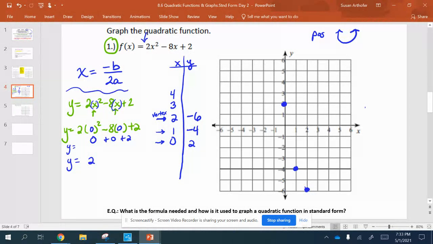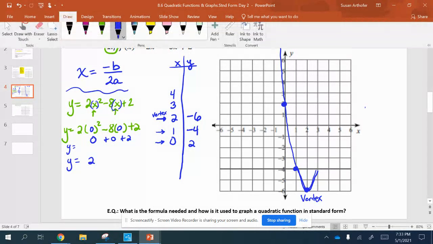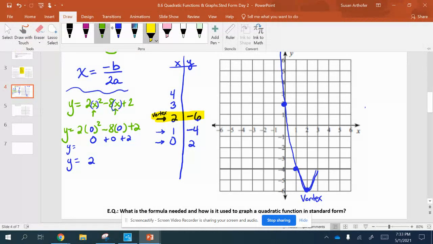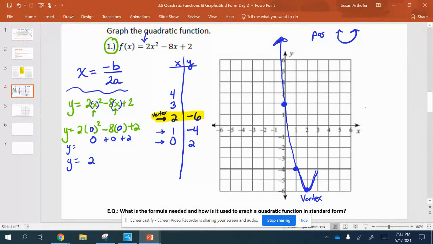So now I have one side of my graph going up because at the vertex is where it's going to make that bend. And we know that this was our vertex at the bottom because it was always going to be our first point that we graphed.